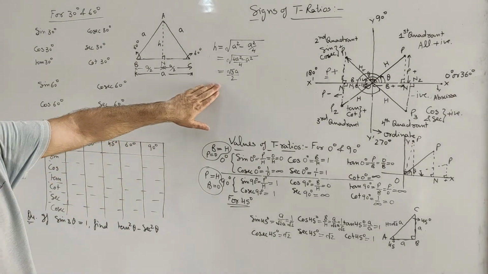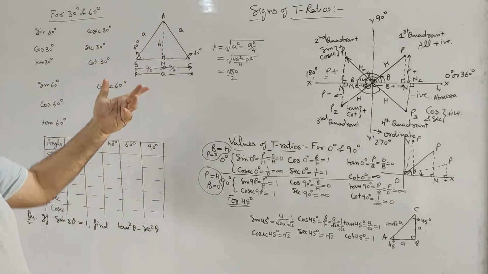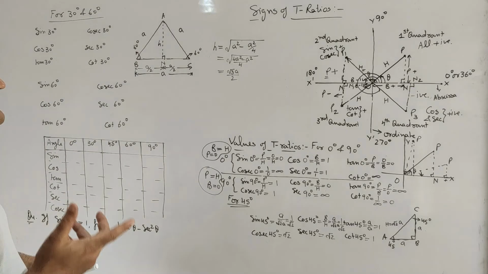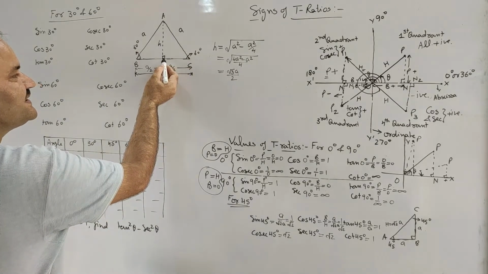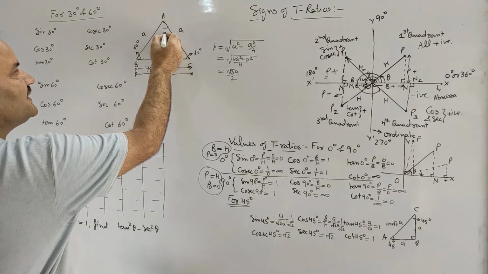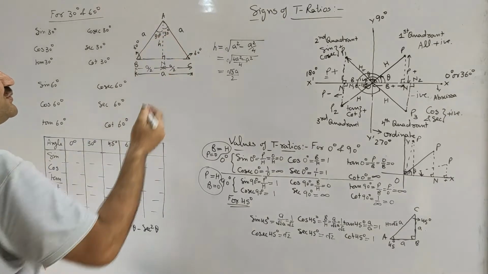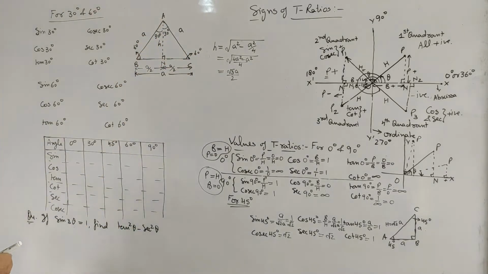Now using triangle ANC or ABN, we can find out the T ratios for 30 and 60 degree, because if this angle is 60, this one is 90, then this will be 30 degree, and hence we can use either triangle ANC or triangle ANB.